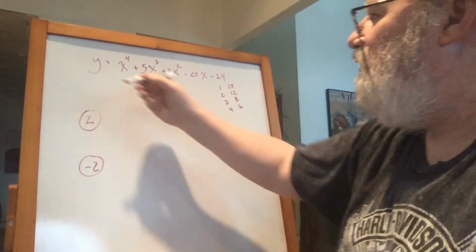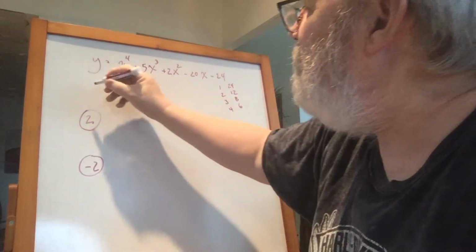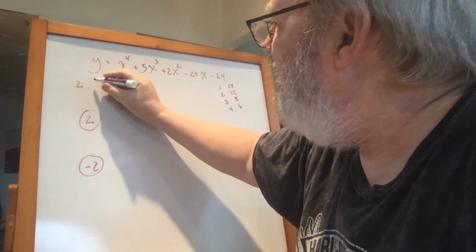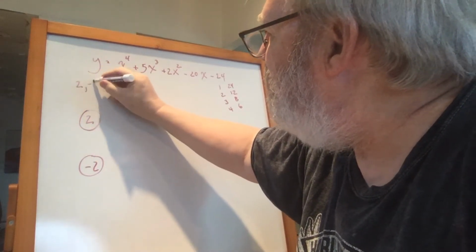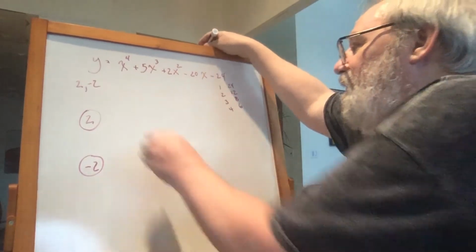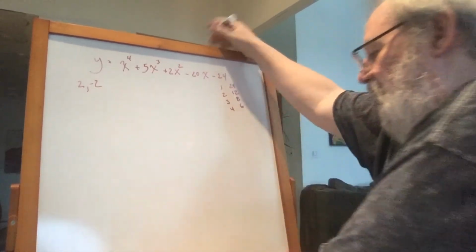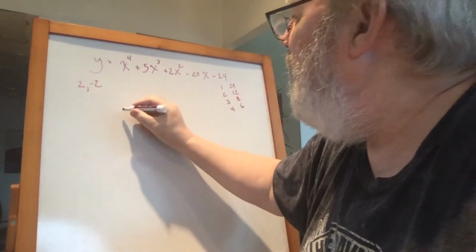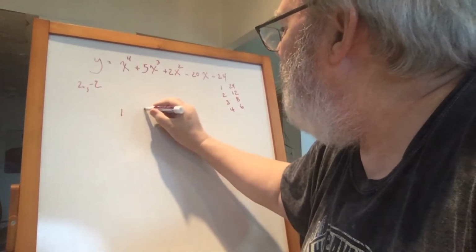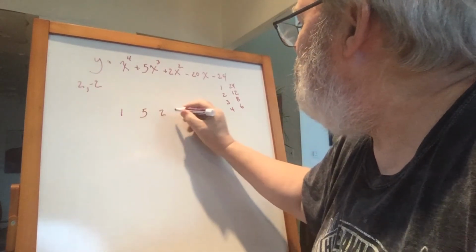So let's put these guys up here. We got 2 and minus 2 up there. And now we can go 1, 5, 2, minus 20.